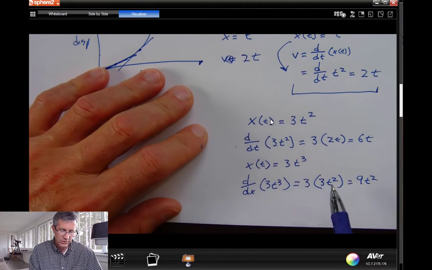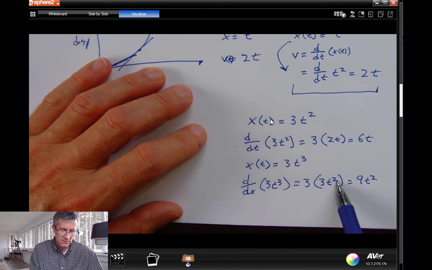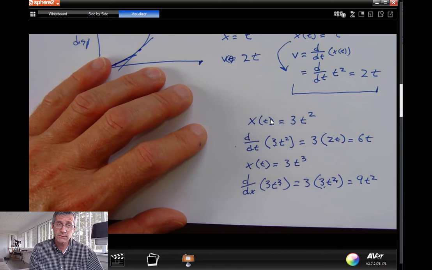Hopefully you see a pattern. To take the derivative, I'm going to take the exponent, multiply it in front, and then subtract 1 from the exponent to get my new exponent. So this is the power rule, and we're going to use it a bunch.